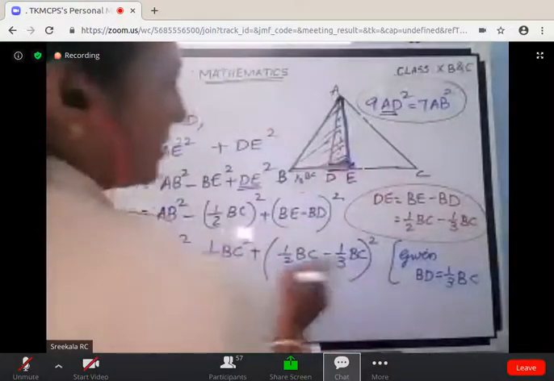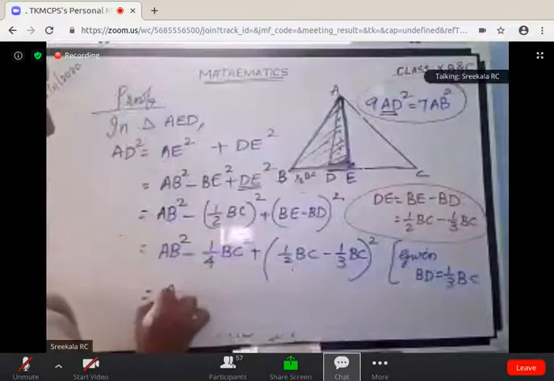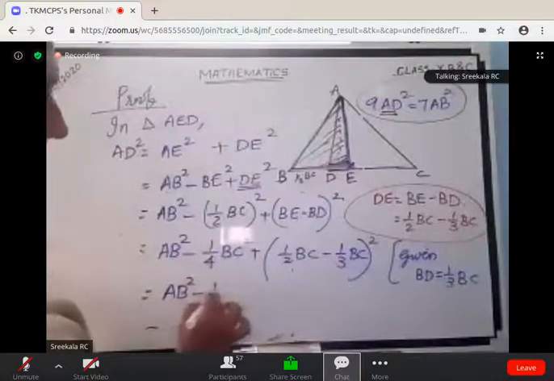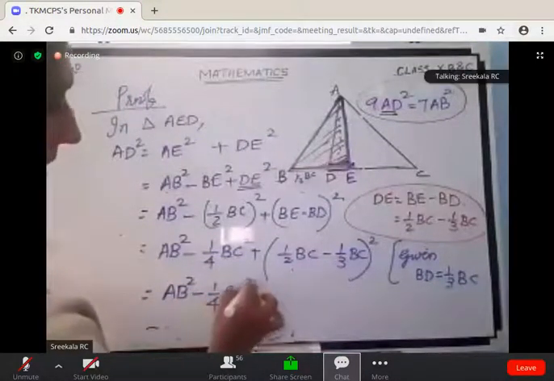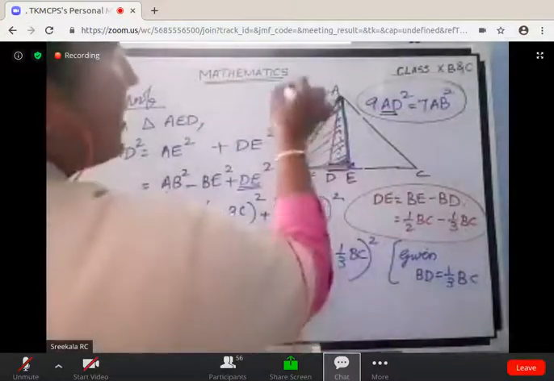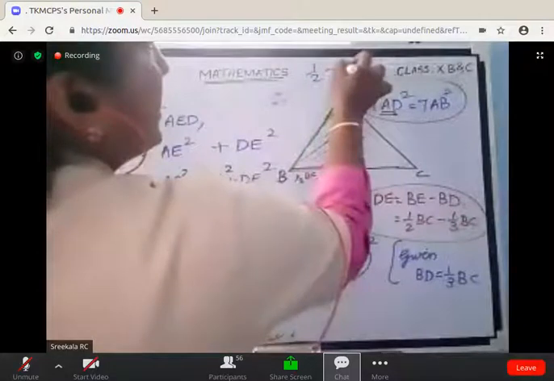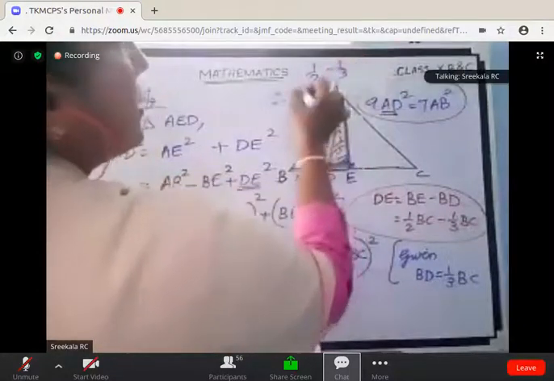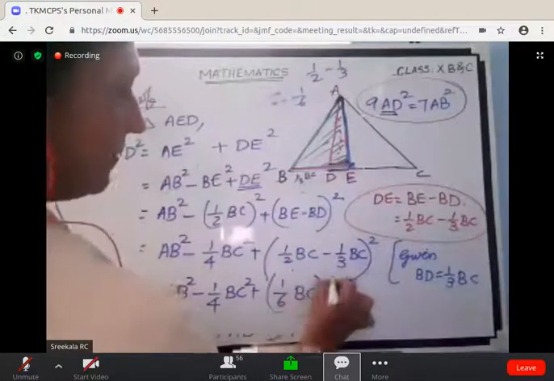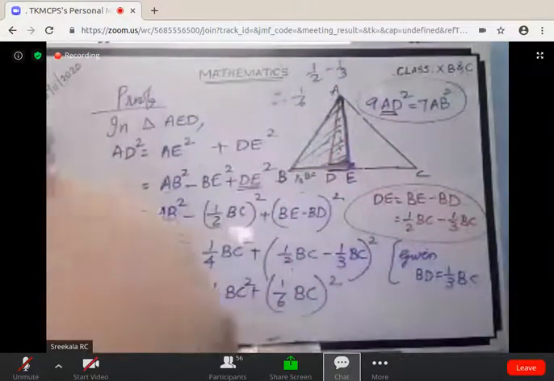BD is 1 by 3 BC, that is given. So that's equal to AB square minus 1 by 4 BC square plus 1 by 2 minus 1 by 3. Take LCM. So that can be written as 1 by 6 BC, the whole square.